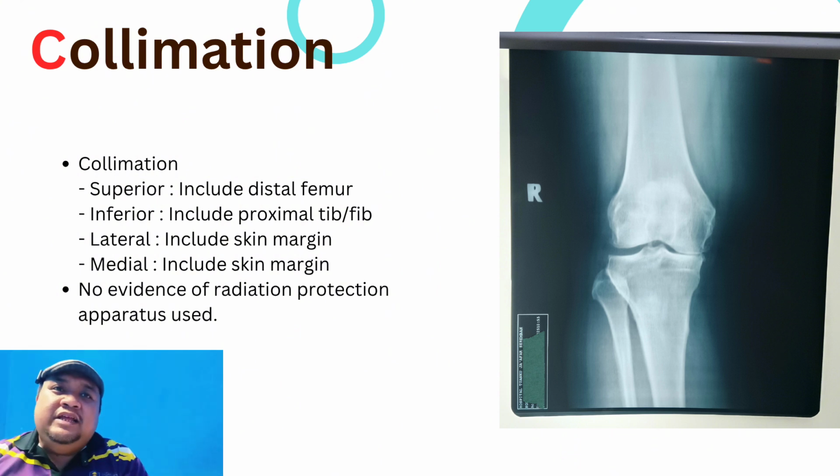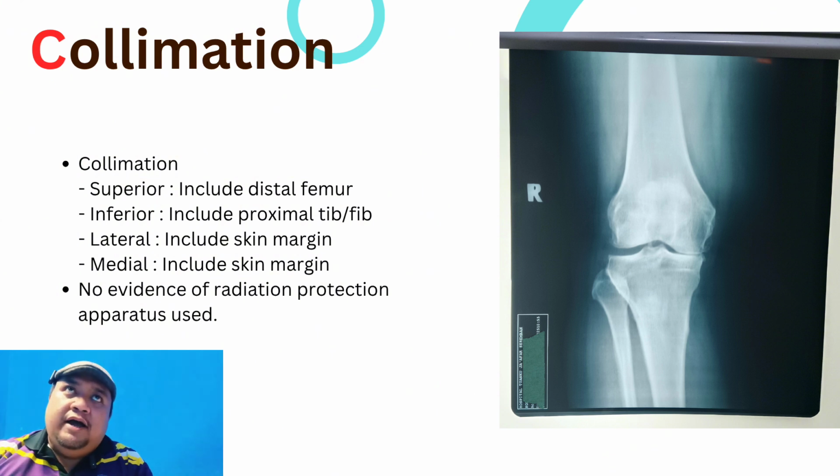However, one thing to note here, there is no clear evidence of collimation border visible in this image. That usually happens when the field is too wide or when the exposure setting over-penetrates the collimation edge. Also, there is no sign of radiation protection apparatus being used, like shielding or whatsoever.